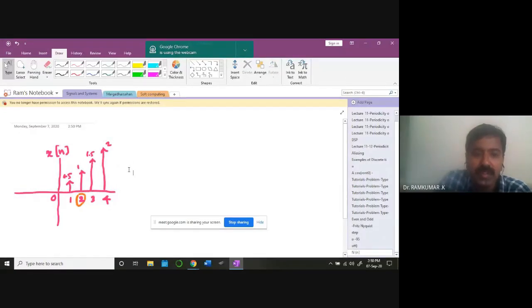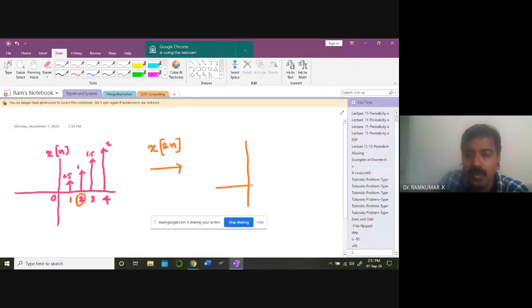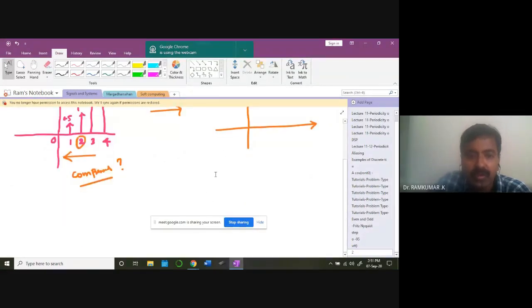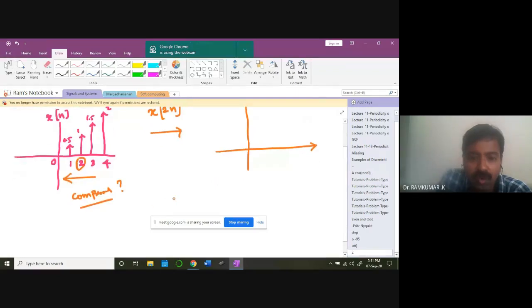Understand this point, this idea is important. So this is my original signal. When I'm doing x of 2n, I'm trying to look at this waveform in a compressed mode. So what are all the samples I will be having is the question. Take the 2n case.